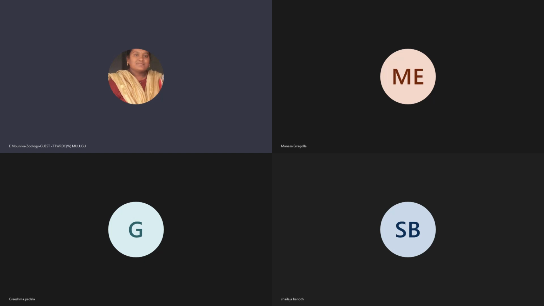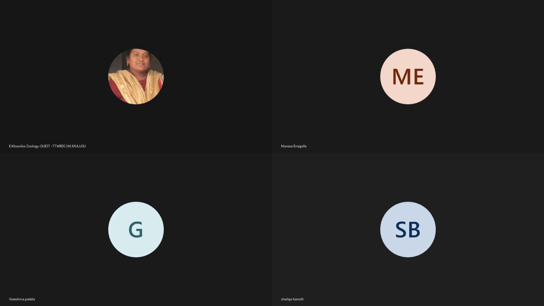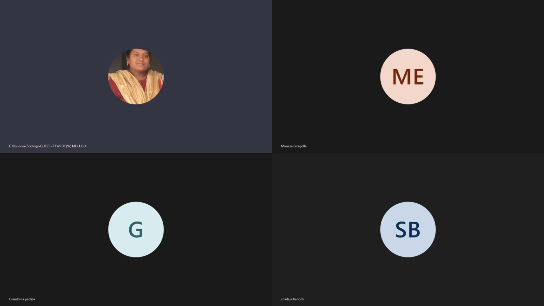Which means these cells are helpful for graft rejection. What is meant by graft rejection? Do you know about the transplantation process? Transplantation is nothing but grafting taking place from one organism to another organism.